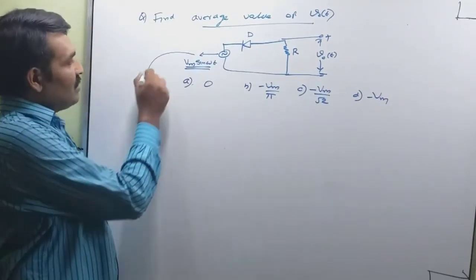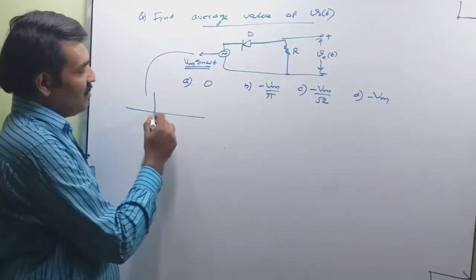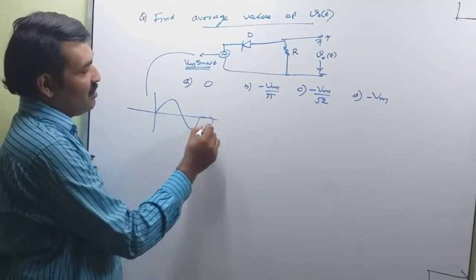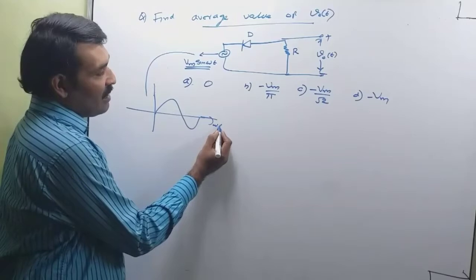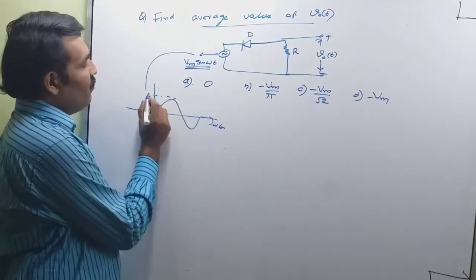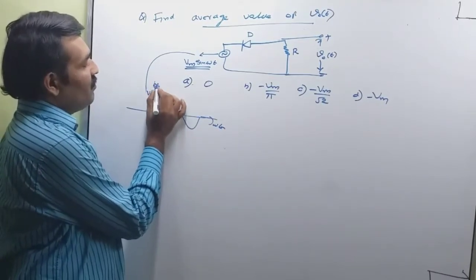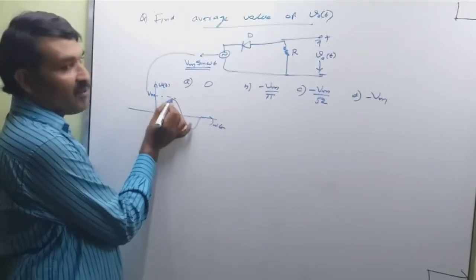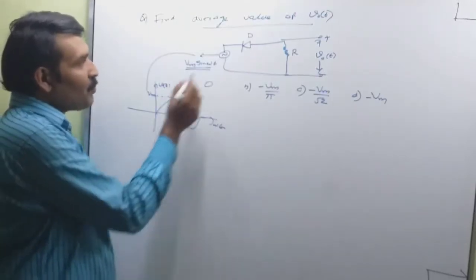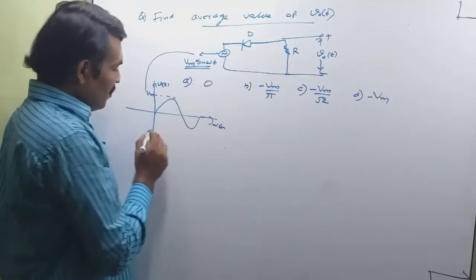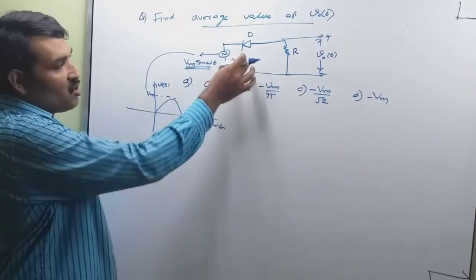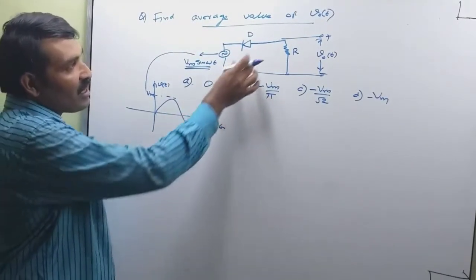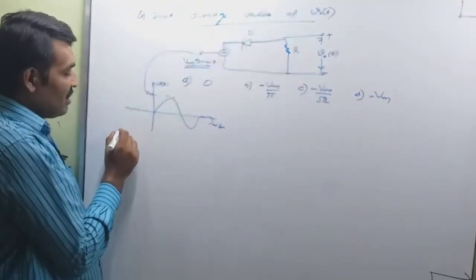So this is our input signal, right? Input against omega t. This is Vm, voltage V of t. The maximum voltage is Vm. So during the positive half cycle, the diode is in reverse biased condition, and during the negative half cycle, the diode is in forward biased condition.